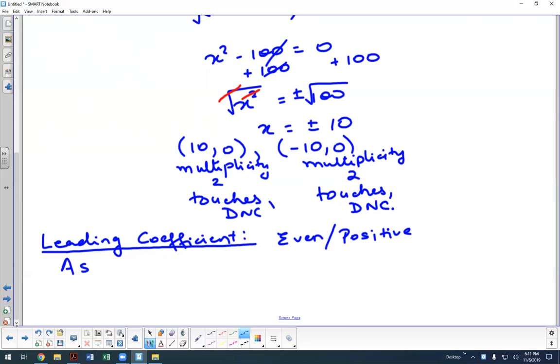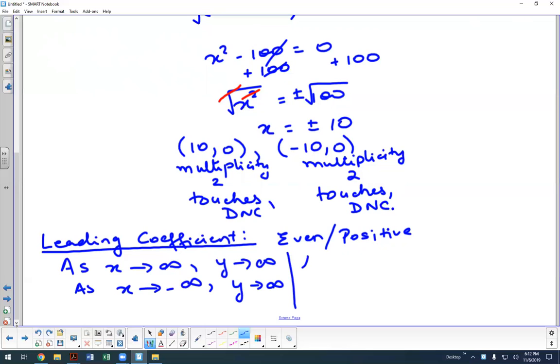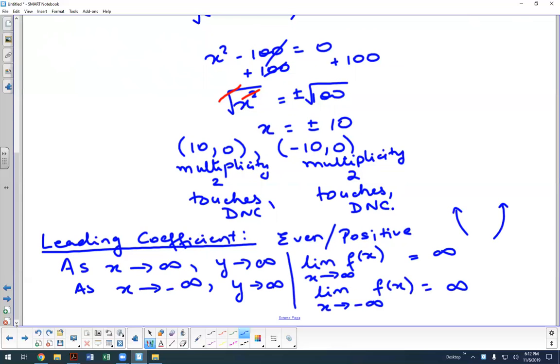So limit of the function as x goes to infinity is infinity, and limit as x goes to negative infinity is still infinity. So both our arms for the function are going up.